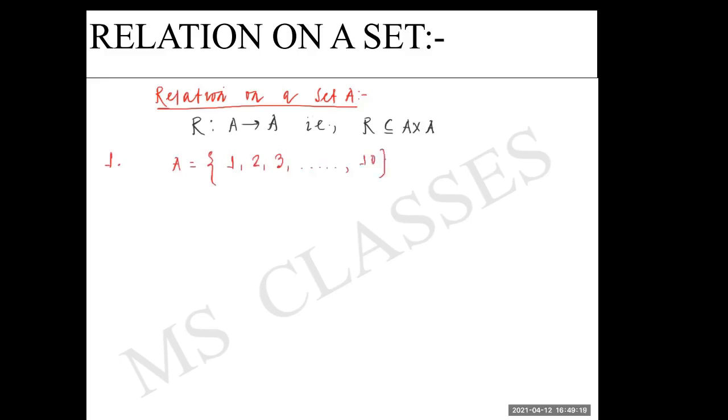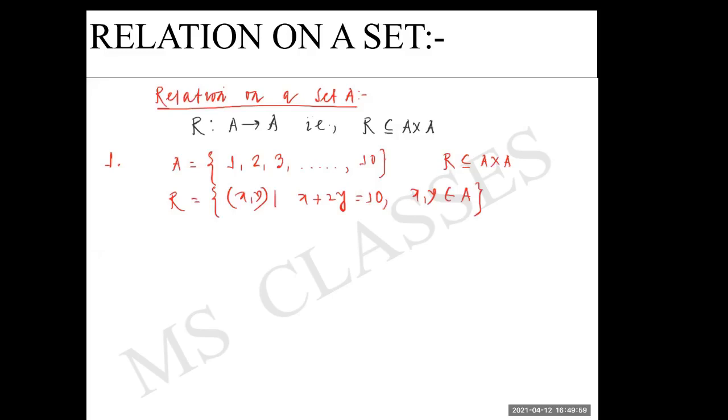Now, they have told that in the relation R, we will have those elements which will be collected from A cross A. We will collect those ordered pairs such that x plus 2y equal to 10 and x comma y belongs to A. Not all the elements, only those elements you will take via this relation.